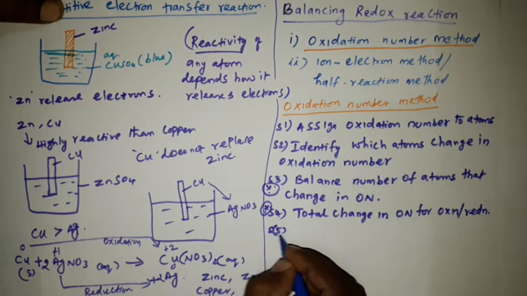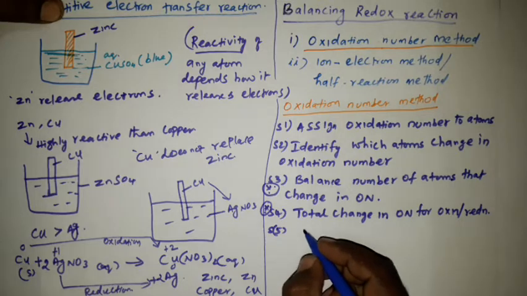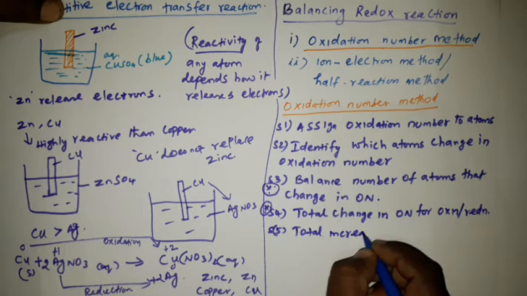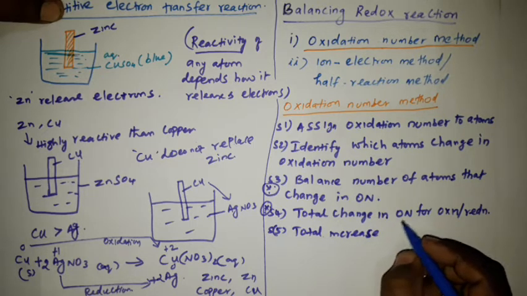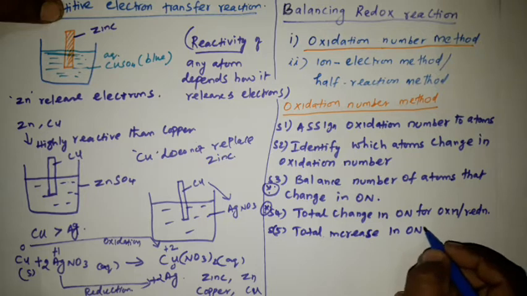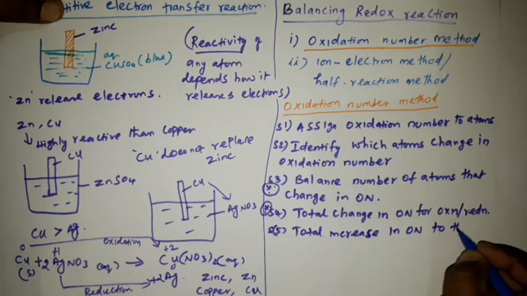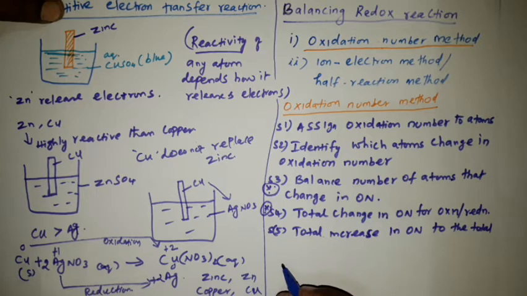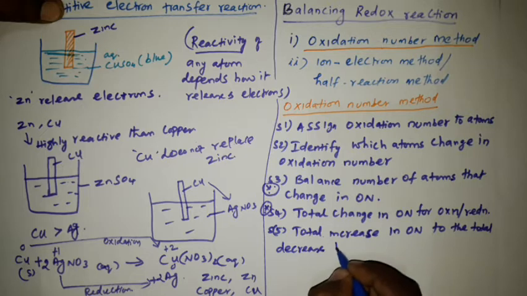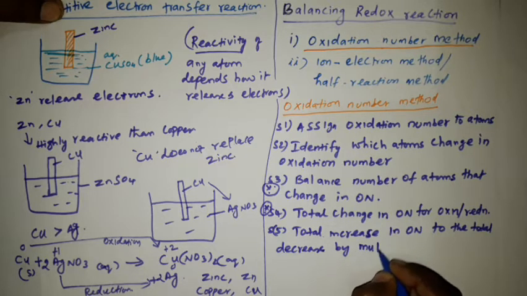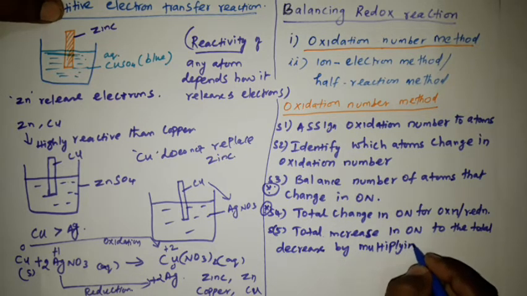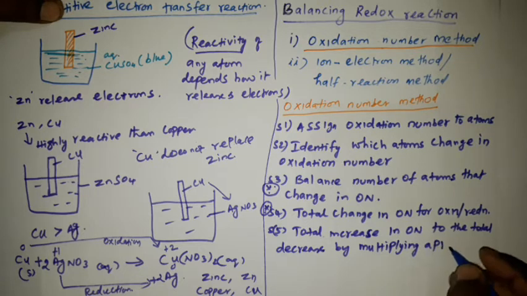Then step 5, make the total increase in oxidation number equal to the total decrease by multiplying by appropriate factors.